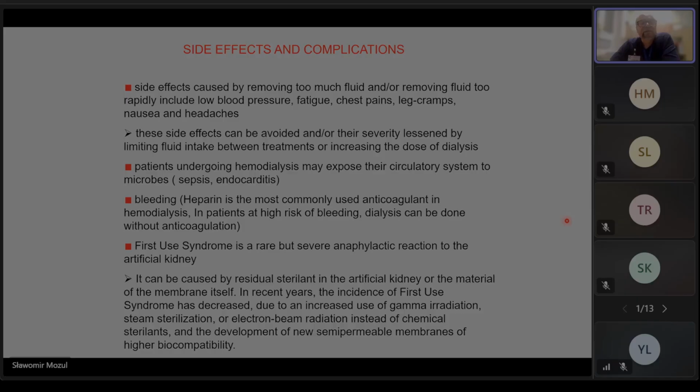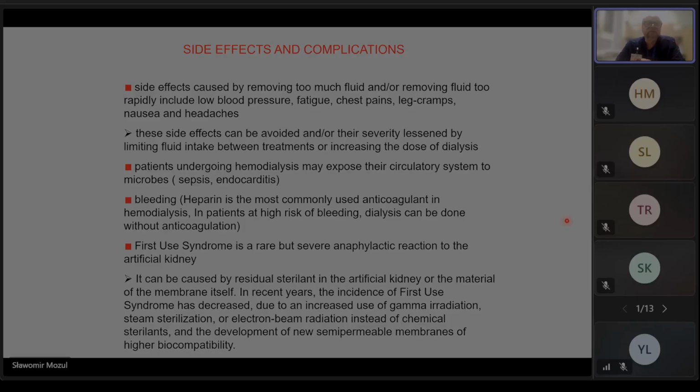Patients undergoing hemodialysis may expose the circulatory system to microbes, which might be the cause of sepsis, endocarditis. Bleeding is also a risk, because heparin is the most commonly used anticoagulant in hemodialysis. But sometimes in a patient at high risk of bleeding, dialysis can be done without anticoagulation.